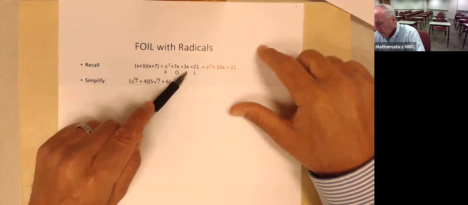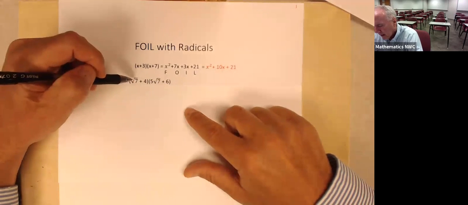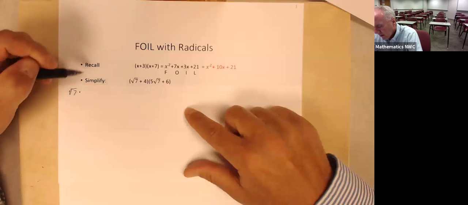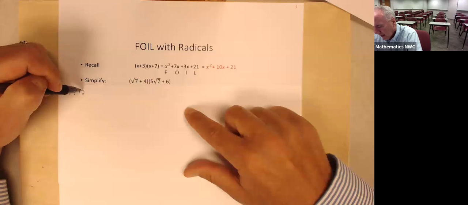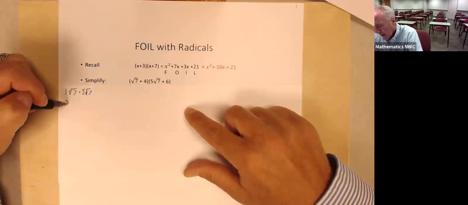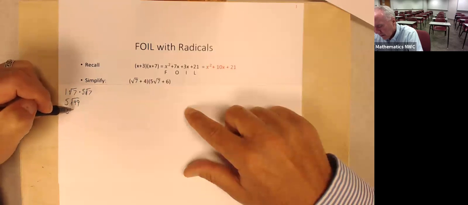The FOIL procedure is still the same. So I'm going to begin by taking radical 7, multiply it times 5 radical 7. So 1 times 5 would be 5, radical 49. It's eventually going to be 5 times 7, or 35.